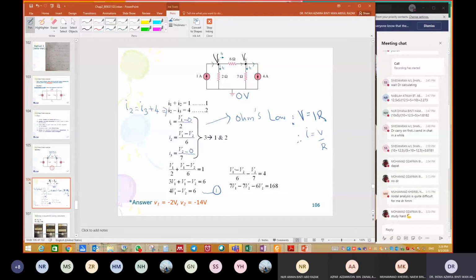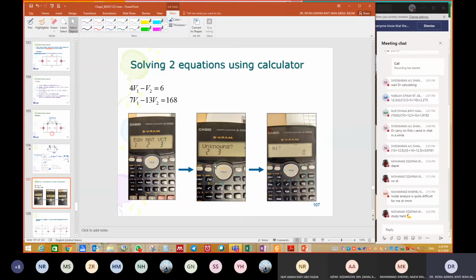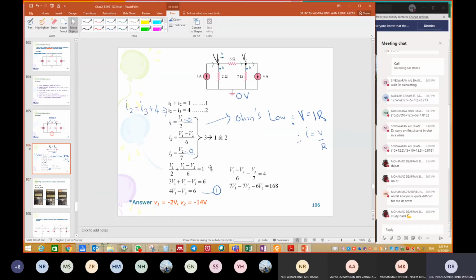And then please rearrange to become V1, V2 and equal to round number.